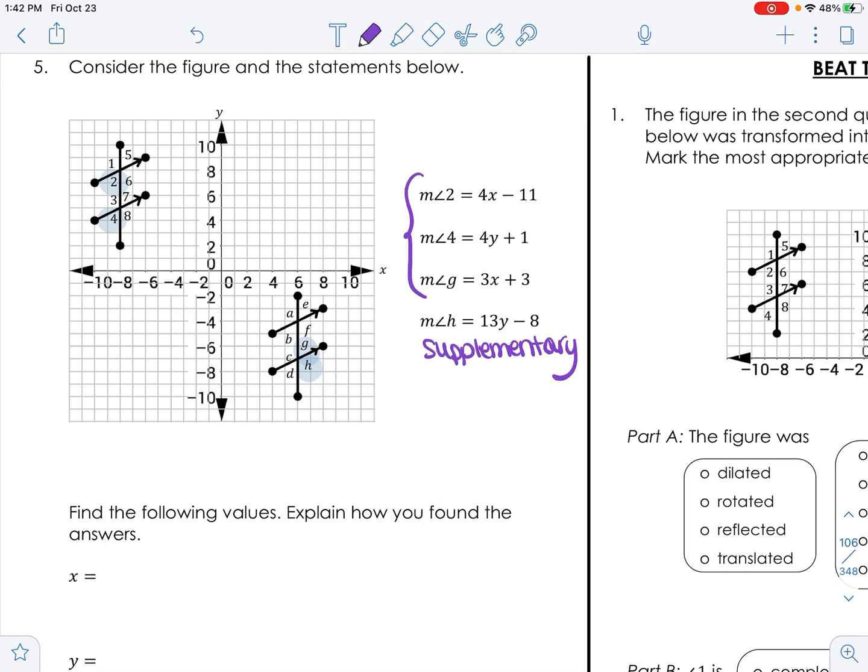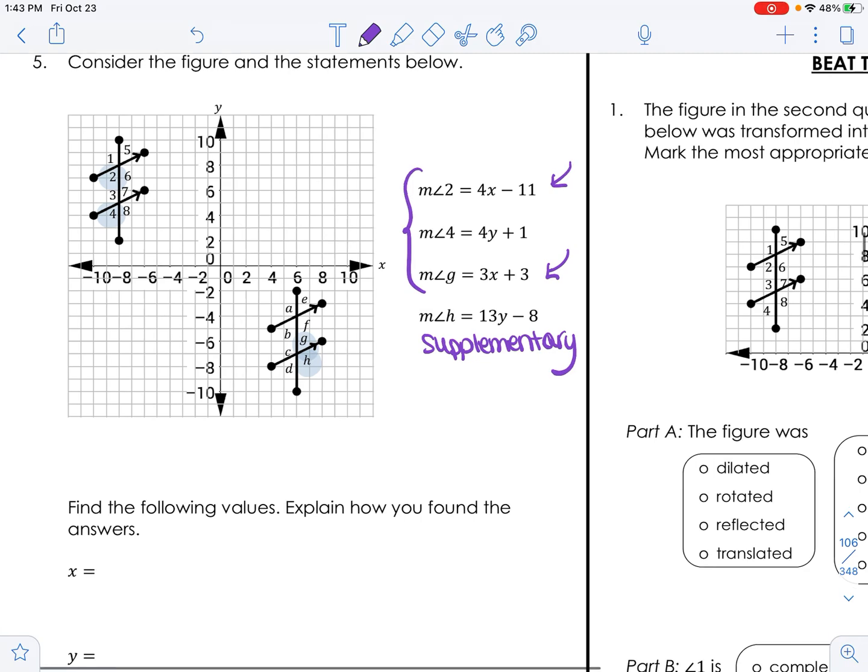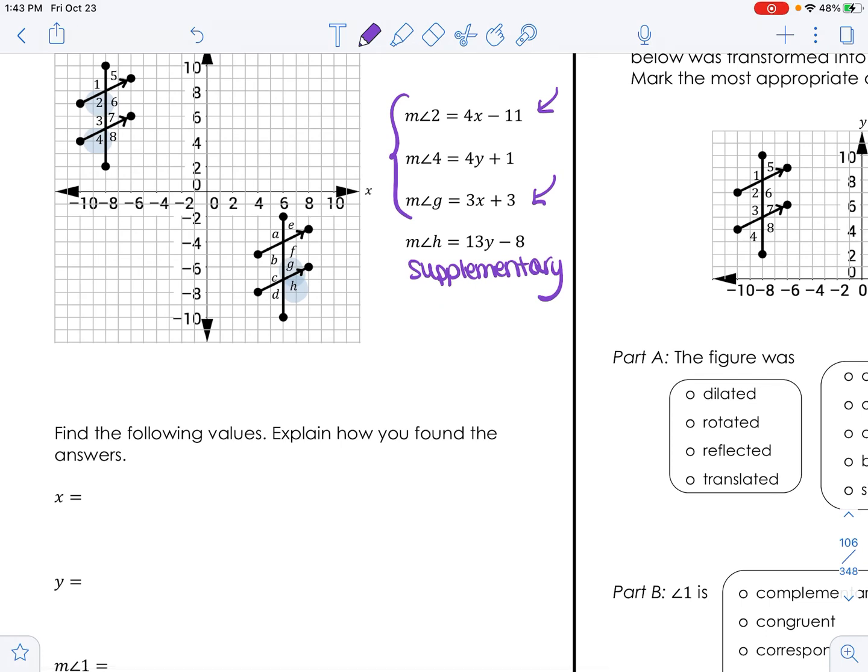So let's just write that down. Okay, so now we're going to find x. The first way that I'm going to do that is, I see that angle 2 has x in it, and so does angle G, and they are both congruent, and congruent angles have equal measure.